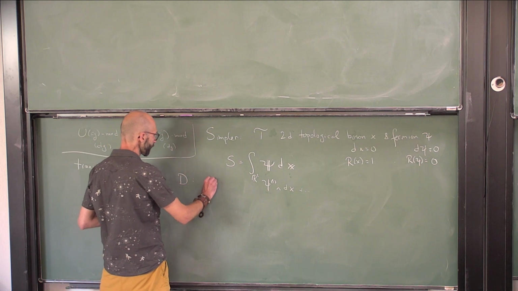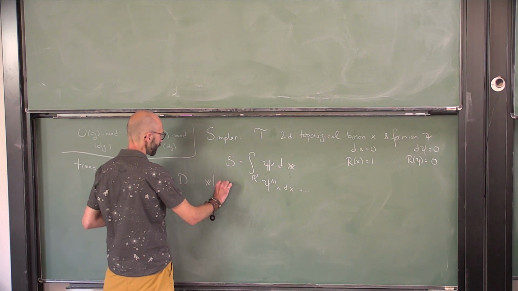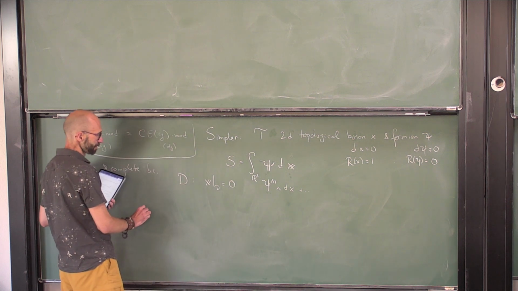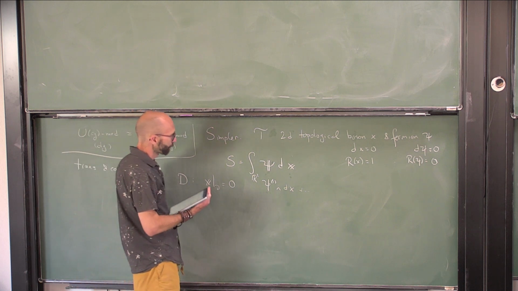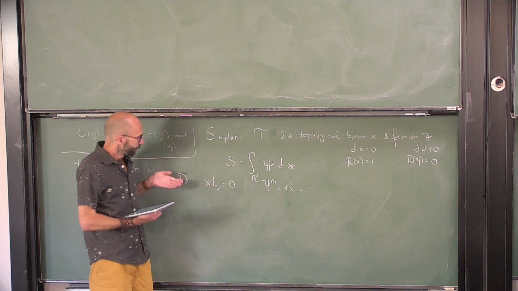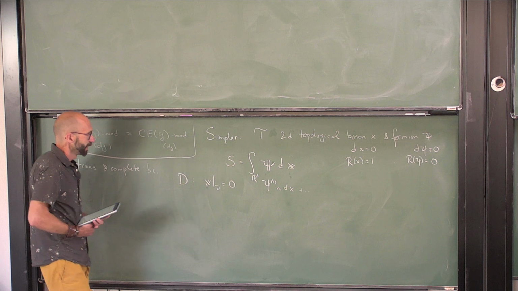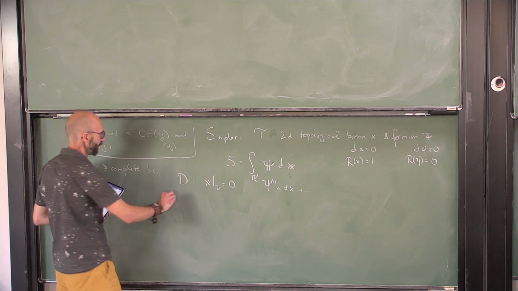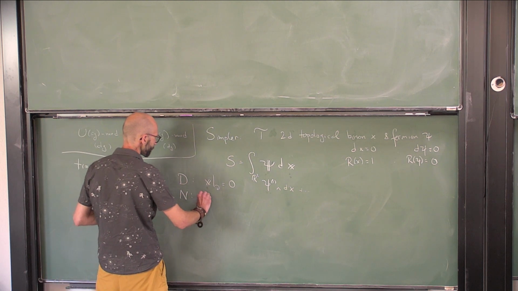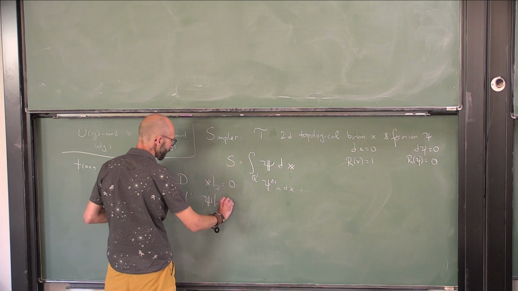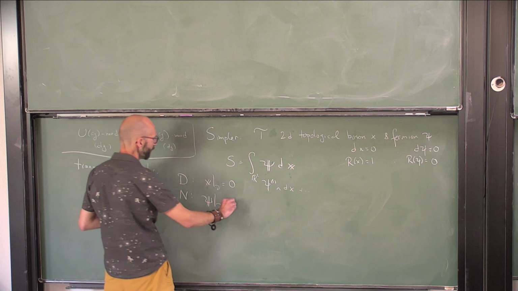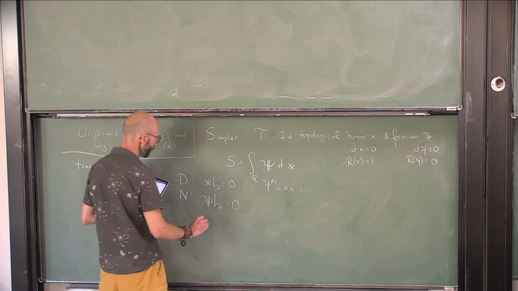So Dirichlet sets the boson to zero, but then, in order to make it compatible with BRST symmetry, you set the entire multiform restricted to the boundary to 0. Neumann sets the fermion and its accompanying multiform to 0.